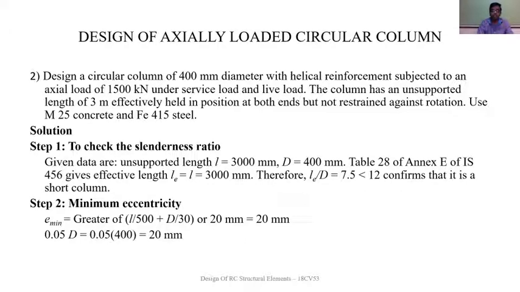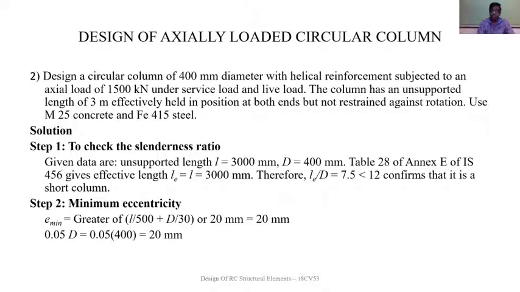Hence, L effective is equal to the unsupported length of the column. The load carrying capacity of the column mainly depends upon its support condition, and based on this, the effective length, which needs to be considered for the design of the column, plays a very vital role.